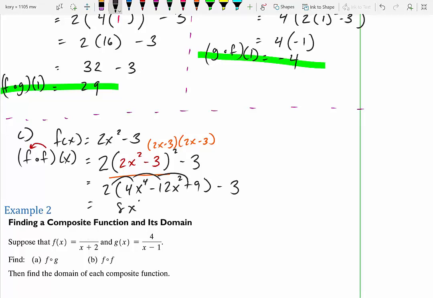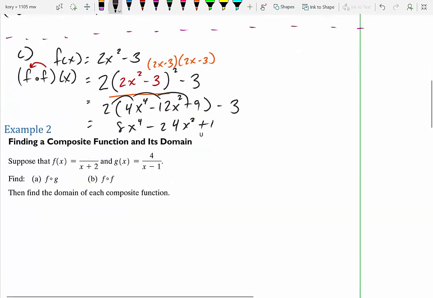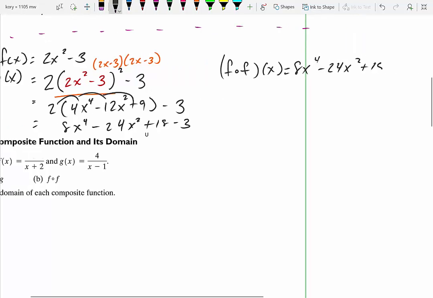So we get 8x to the 4th minus 24x squared plus 18. Ooh, my bad. 18 minus 3. And then last but not least, we combine like terms. So we get f of f of x, or f composed with f of x, equals 8x to the 4th minus 24x squared plus 15. That's ridiculously long. There we go.